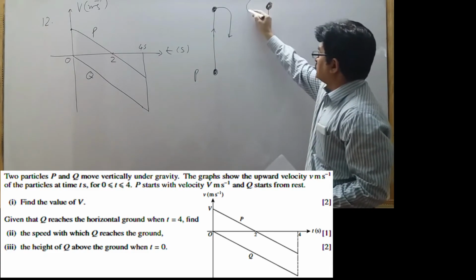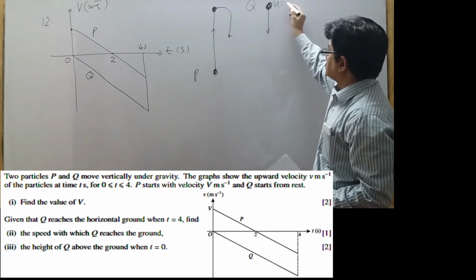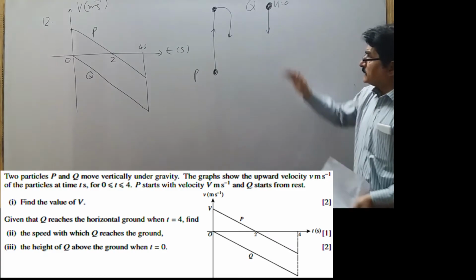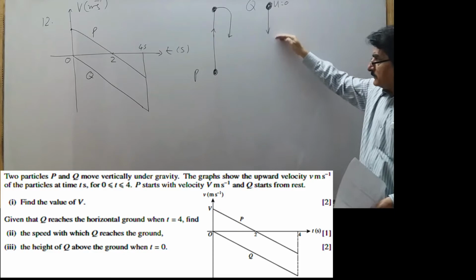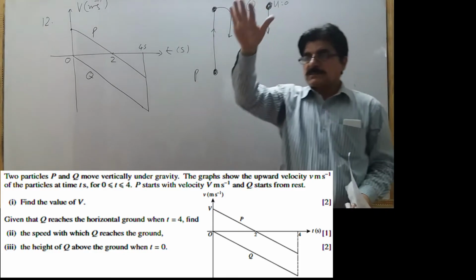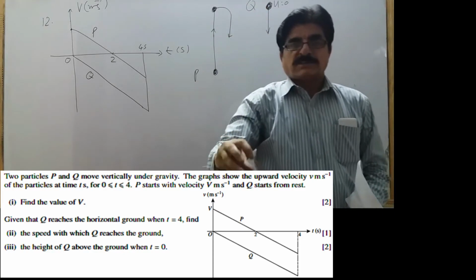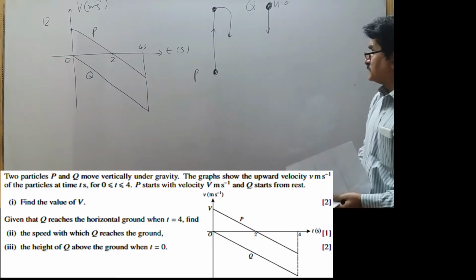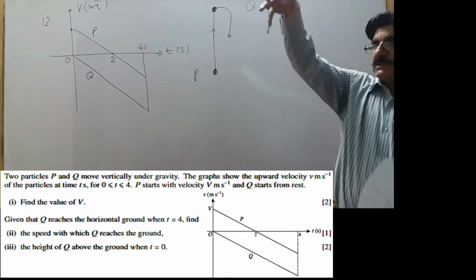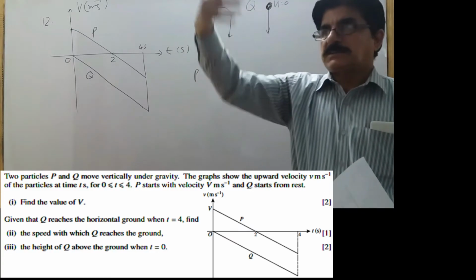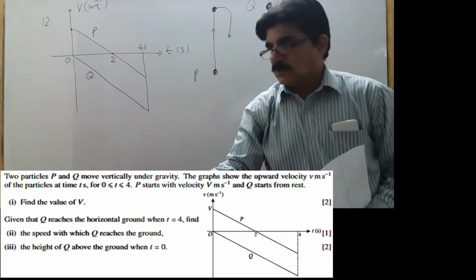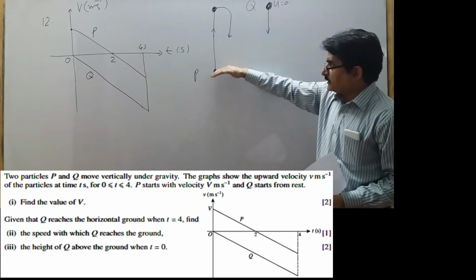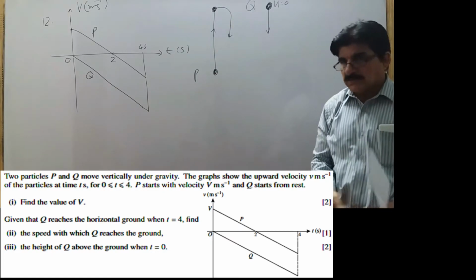This is the motion of Q. So Q starts from rest. Its velocity is 0. Also when the particle is coming down, its velocity increases, because it's moving in the direction in which the earth is attracting it. Weight acts vertically downward. But when a particle moves upwards, its velocity decreases obviously.